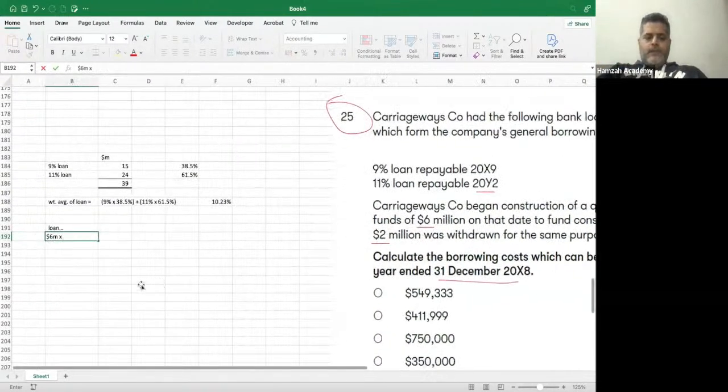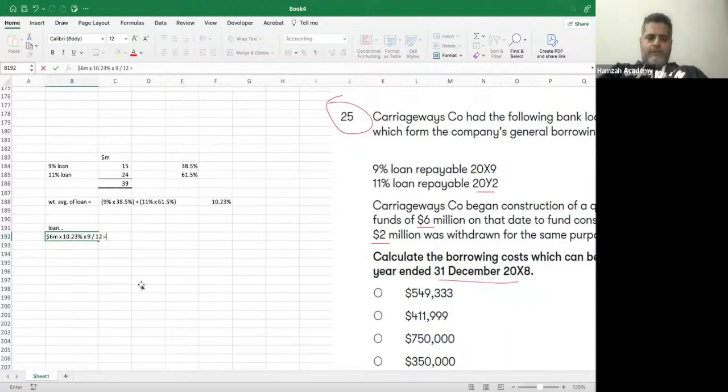So I'll go 6 million into 10.23% into 9 by 12. That is the first chunk. If I calculate 6 million into 0.1023 into 9 by 12, I get 463.50.